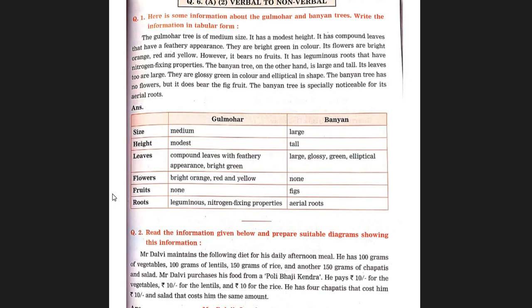Take note of it. So see the proper classification made. You could see 3 columns. One column is very much dedicated to the different characteristics of trees. Moreover, 2 different types of trees have been discussed.